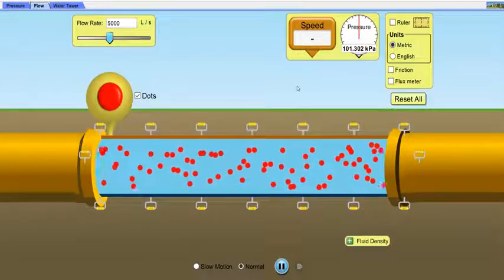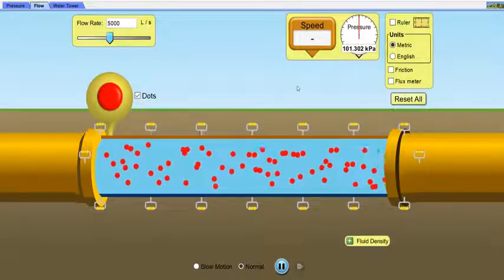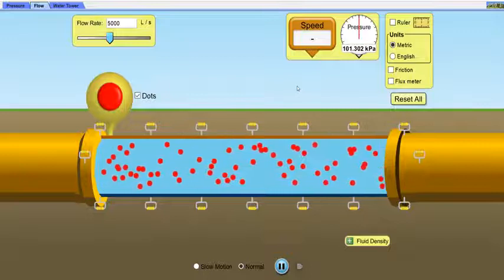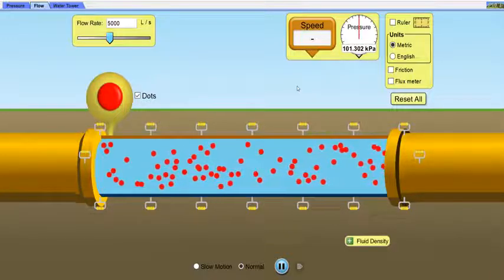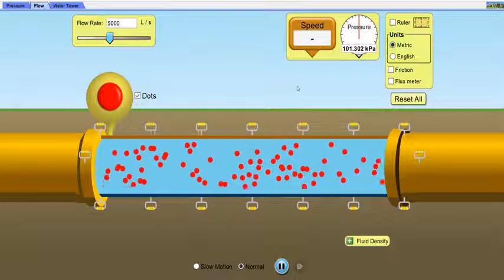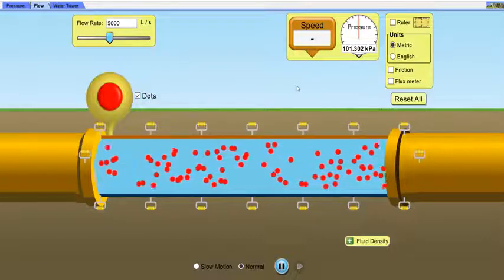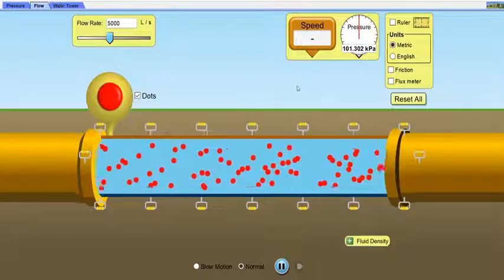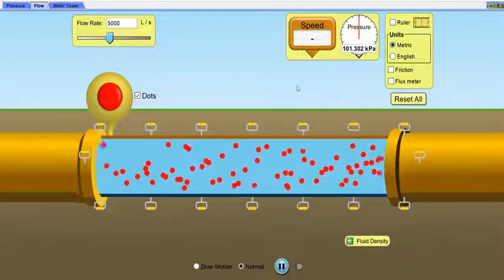This is nothing but the equation of continuity. It means area into velocity is constant. It is nothing but simply the law of conservation of mass. For a fluid to flow, it must conserve its mass. So let me show you how it happens.